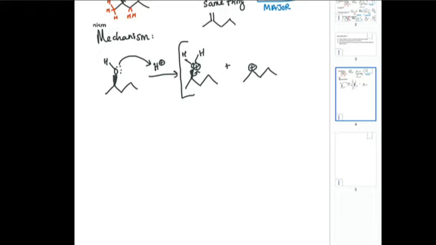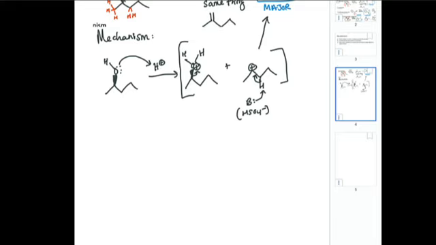And then it's a matter of going in and finding beta protons, and this is the beta proton that leads to the major organic product. If we take our conjugate base from solution, which is HSO4 minus, we can abstract that beta proton, kick the electrons inward to form the carbon-carbon double bond, and that is the step that leads to the major product.